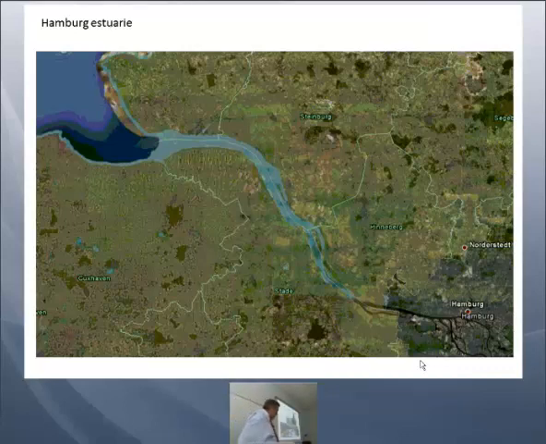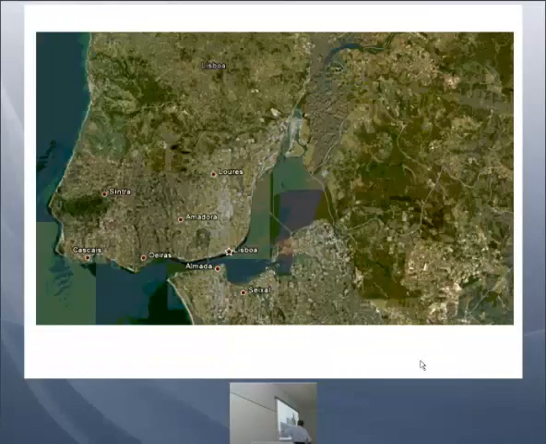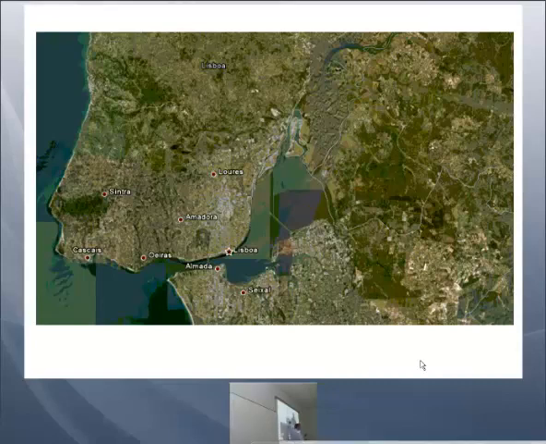Now, the coastline, this relation between the coastline and the sea leads either to coastlines in which sand moved by rivers is deposited in the coastline, or coastlines which are eroded by the action of the sea.